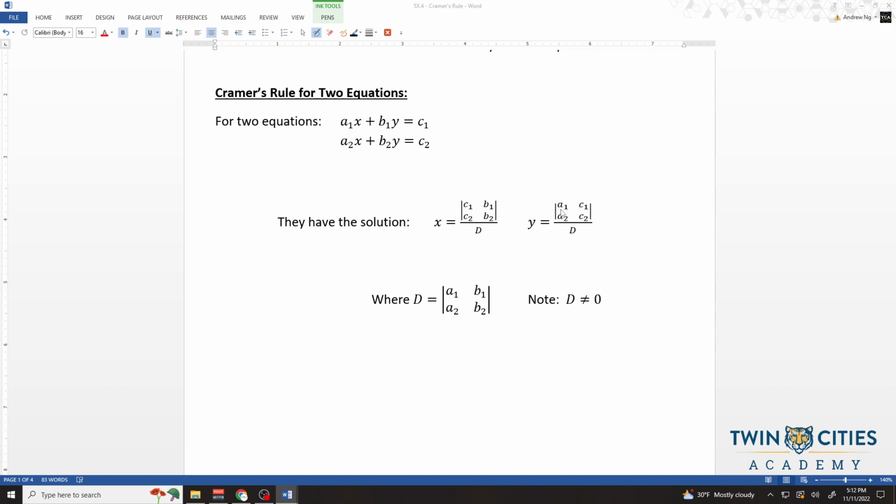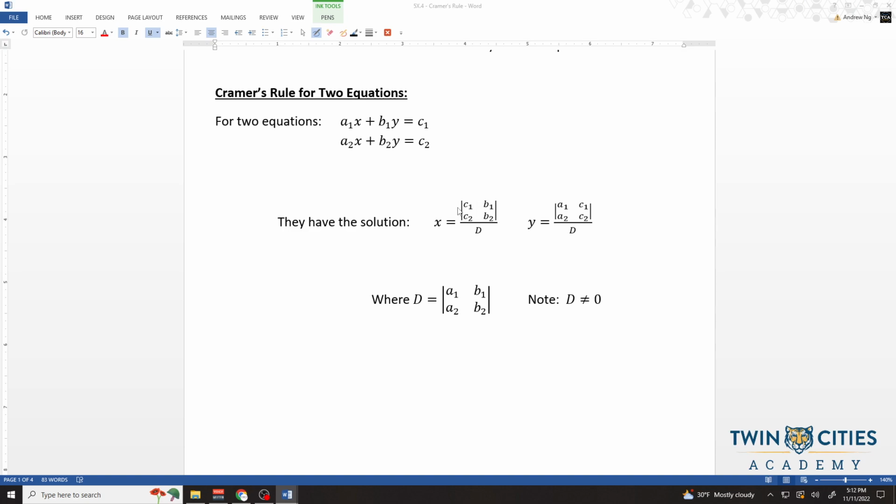But I want to see if we can see a pattern. D, remember, is my coefficient on x and my coefficient on y. Well, x is equal to, take a look up here. This is the same matrix, just replacing the A's with C's. Or in other words, if I'm looking for x, I replace the coefficient on x with the constants.